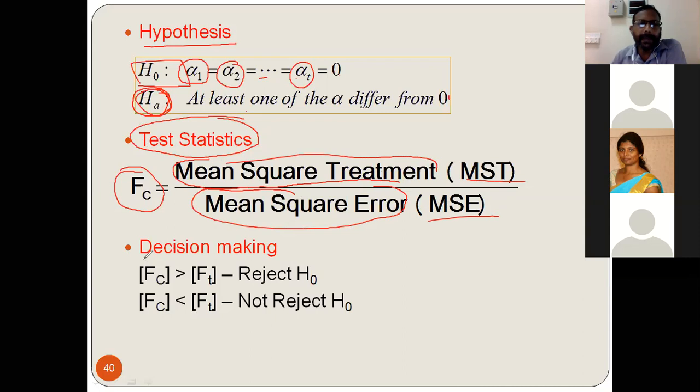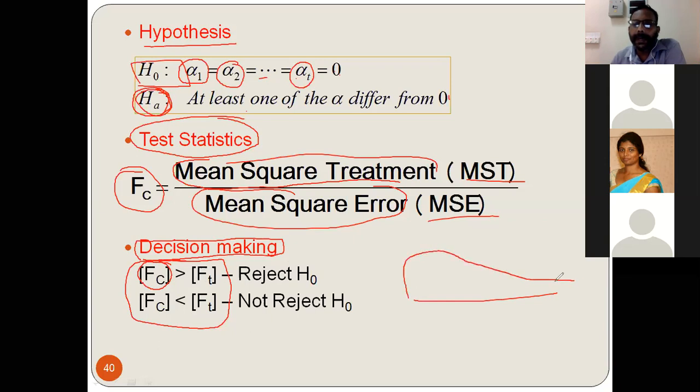So, the decision making process is based on this. What is our calculated value? F calculated value greater than FT. For example, this is the same thing as we did. This is the F distribution.